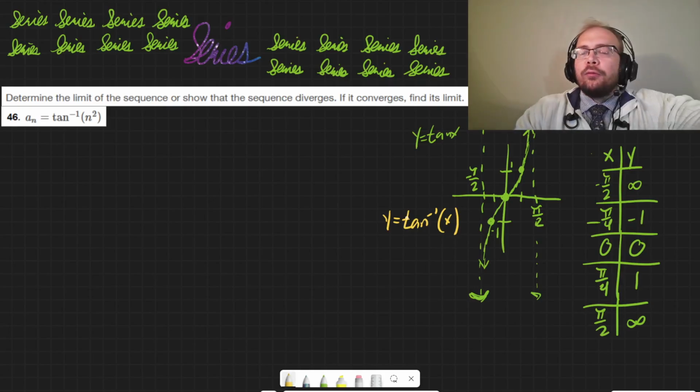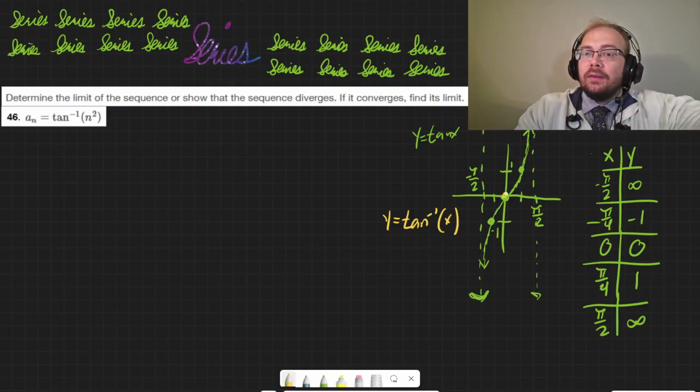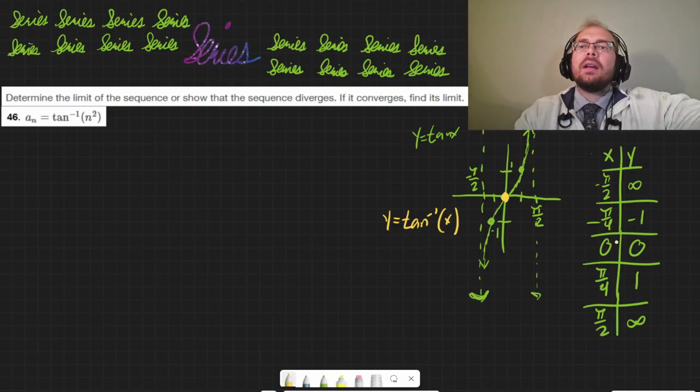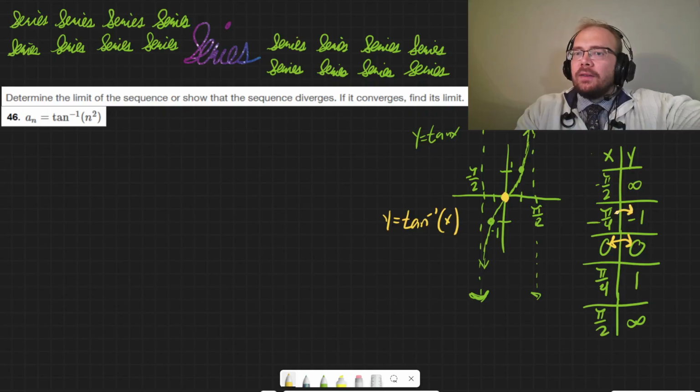Well, for the tan inverse, it would be 0, 0 still. Because when you inverse, you switch the x and the y, right? So if the x and the y switch here, nothing would happen. But if these guys switch, let's see, pi over 2 is about 1.5.